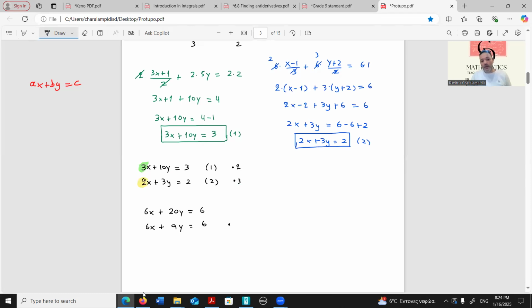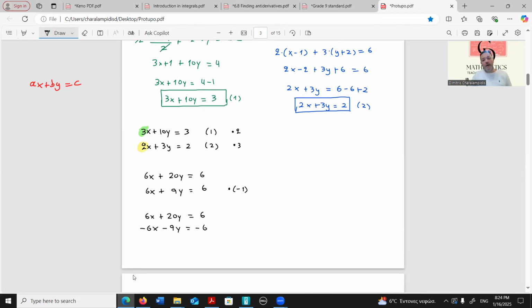Now I'm going to multiply the second one by -1. 6x plus 20y is 6. Negative 6x minus 9y should be -6. I add them vertically. The x's are eliminated. 11y is 0, which means that y is 0 itself.